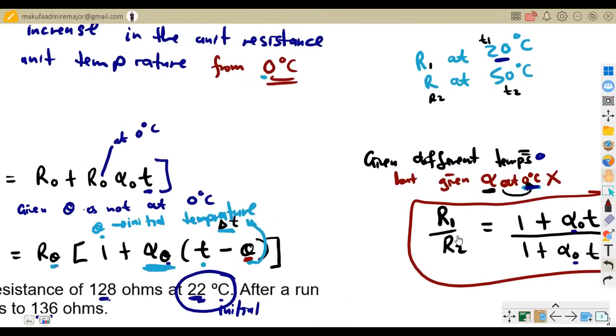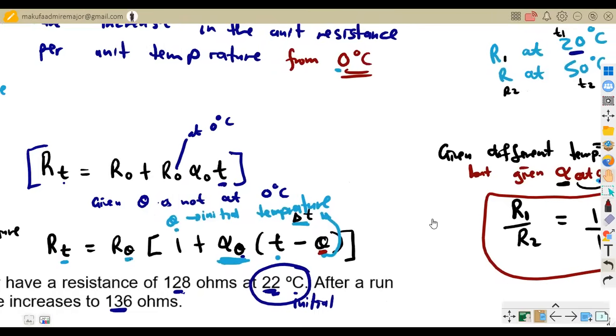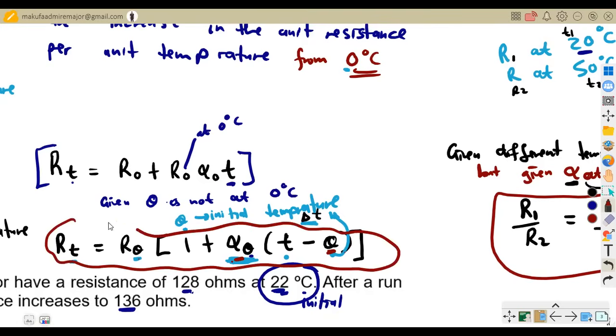If the initial temperature is corresponding with the temperature coefficient of resistance, this is the best formula that we are supposed to use. We did not start at 0, we started at another temperature. So that is the formula that we are supposed to apply in this case.